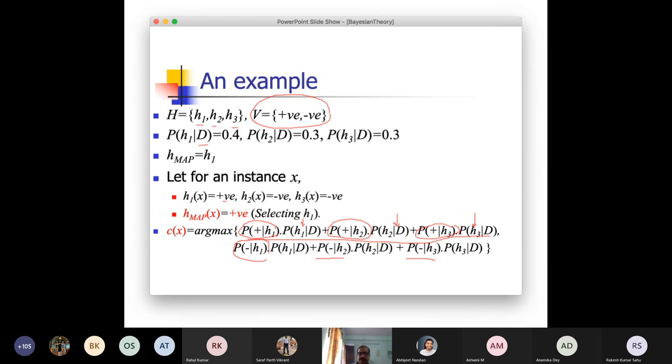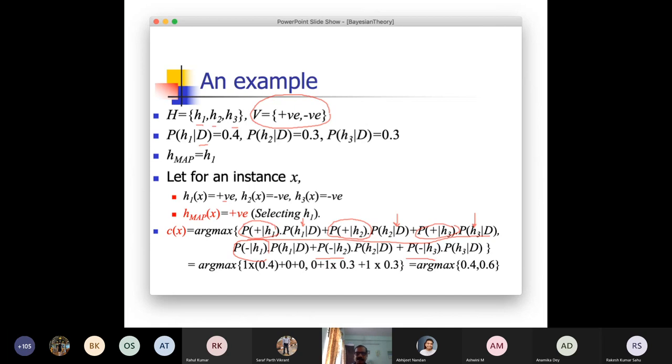So if I compute them in the same way as I mentioned, you can see that the value of the optimal classifier given X is becoming maximum for the negative label. You can see there are two values, 0.4 and 0.6.